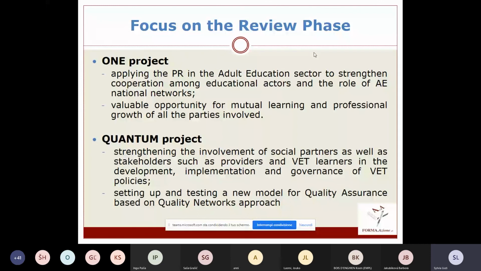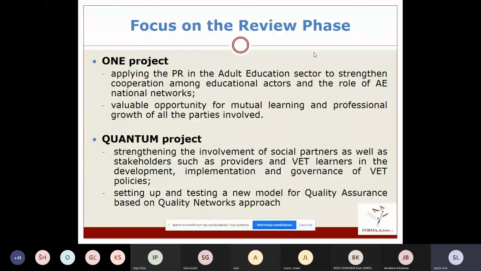So let them start learning about this methodology and be key actors in evaluating, in producing data, in informing the system, and also because we have the chance to have these international teams working with peer review. So it's something really valuable for mutual learning and professional growth of all the parties involved, and it will be developed in Portugal, Italy, and Slovakia.